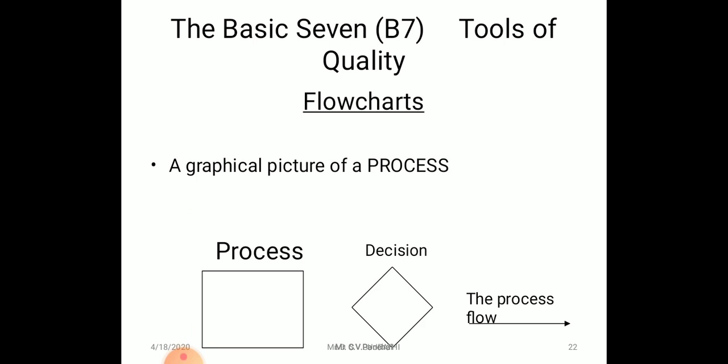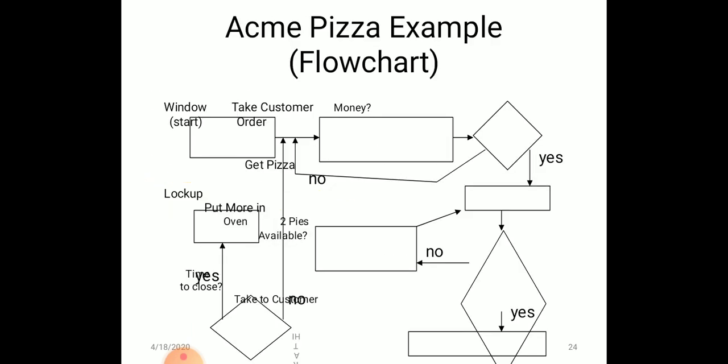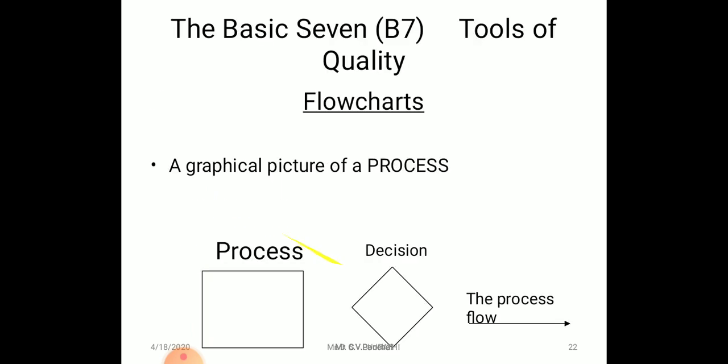So, a flowchart is nothing but a graphical picture of a process. What we have to do is draw a picture or flowchart like this. Before drawing a flowchart, we should assign some symbols or signs to all the activities.